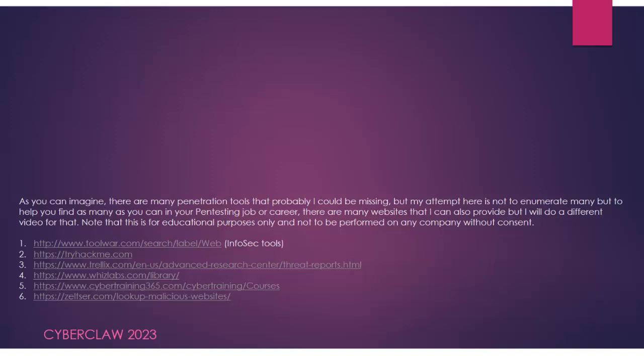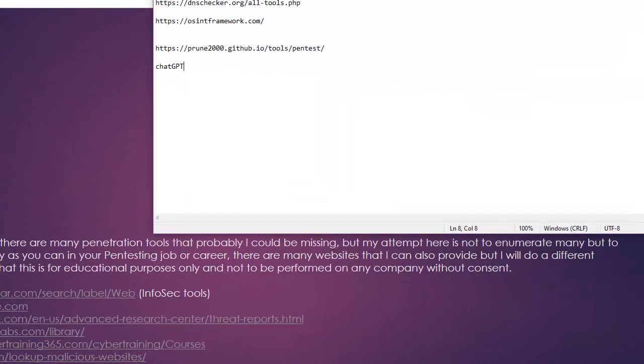Like I said, these are some of the sites that you can use. There's a great site that I found. It's an AI that is helping me build my scripts. I do customize it sometimes to the way that I need it, but this is something that you need to look into.